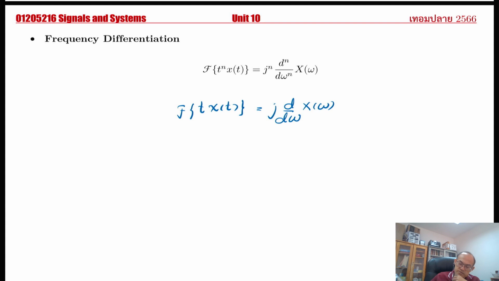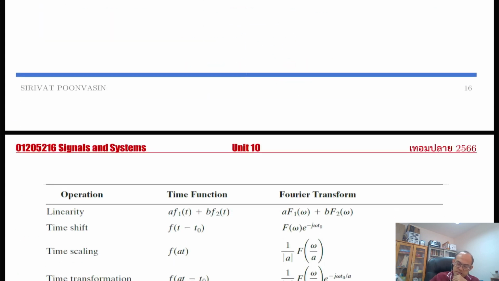Actually, this is multiplication by time. Okay, this is frequency differentiation.